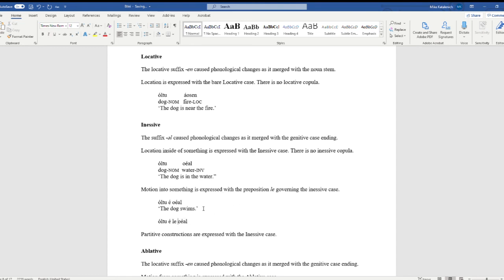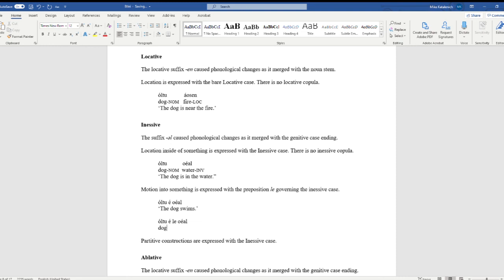Le. So motion into something is expressed with the preposition le, governing the inessive case. So le, and then inside. So this now means, dog move to I. Perfect. And then, it doesn't mean I, that's water.